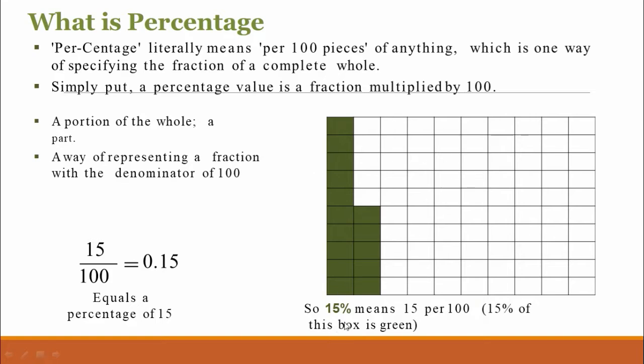So 15% means 15 per 100, 15 parts out of 100. 15% of these boxes are green: 1, 2, 3, up to 15. So if we want to represent the percentage for these boxes, there are a total of 100 square boxes in this shape, and 15% of the boxes are green.